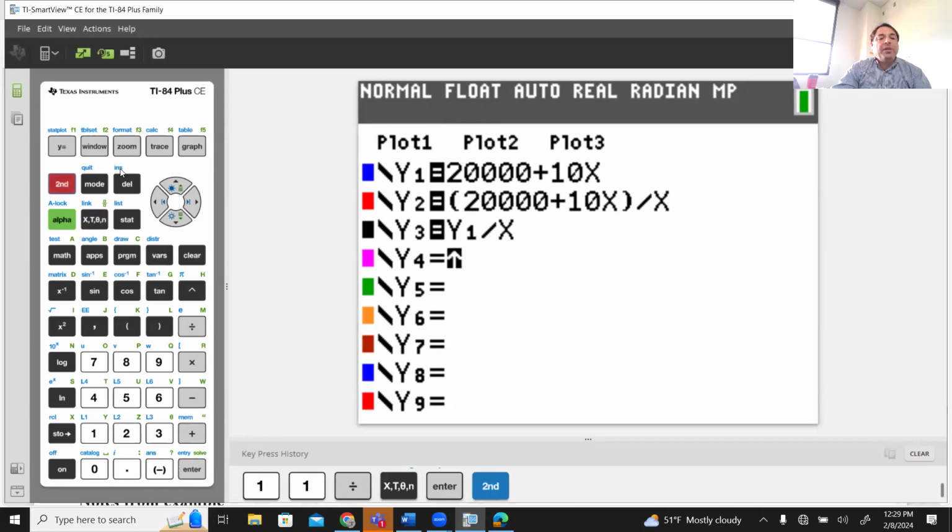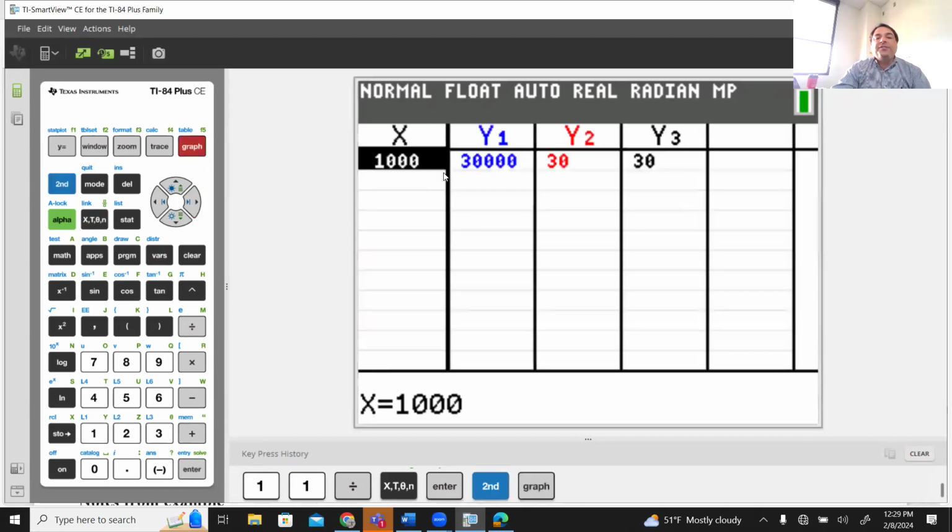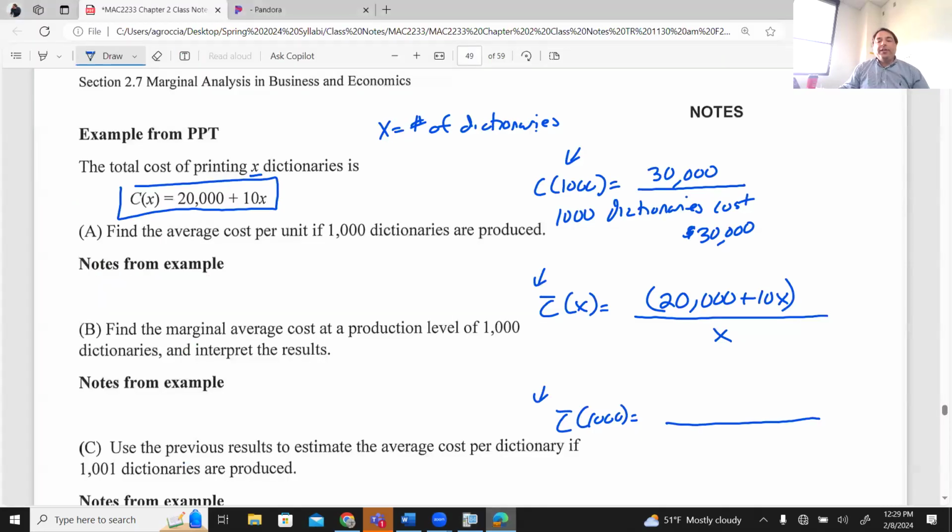Right? And so when I plug in to the table 1,000, you now get 30. The reason why you get $30 is this is the average cost for 1,000 dictionaries: $30 per dictionary, right?